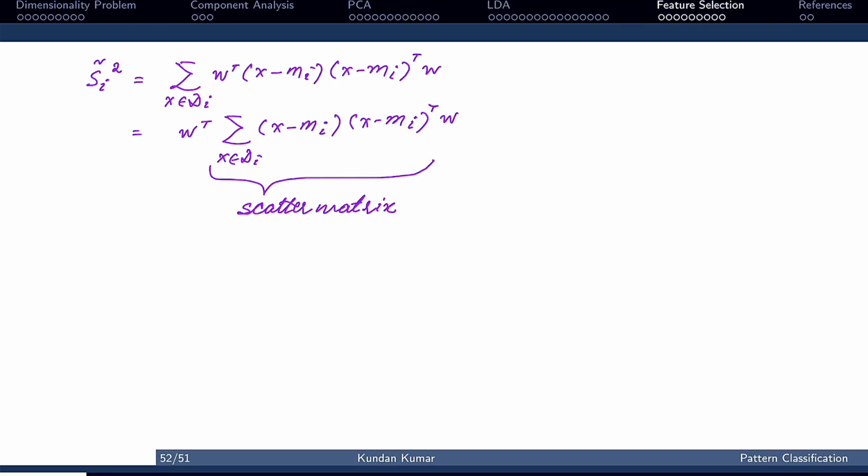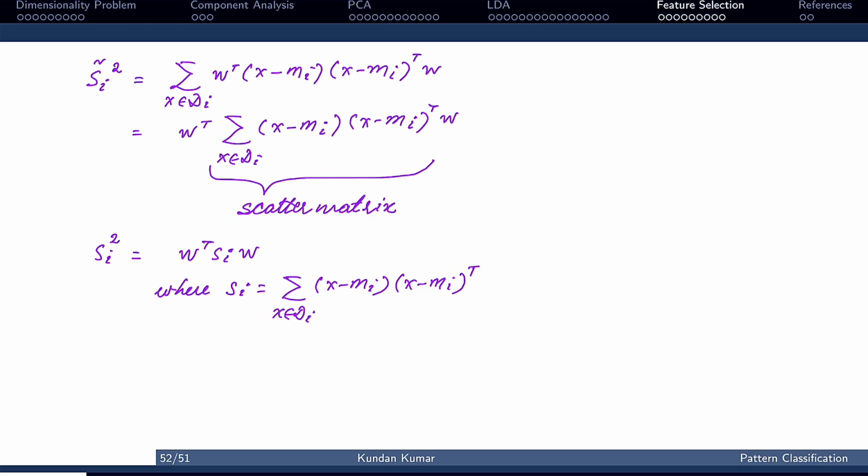So now we can write W transpose Si W. So Si tilde square is basically W transpose Si W, where Si is the summation over X minus Mi, X minus Mi transpose.